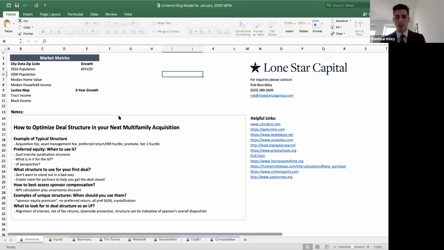And then I'll briefly touch on tier 2 hurdle, which is where upon sale, there might have been an 8% hurdle, but then above 18%, the profits are split 50-50. So pretty straightforward, pretty simple. The one nuance is, what is that 18% based on?